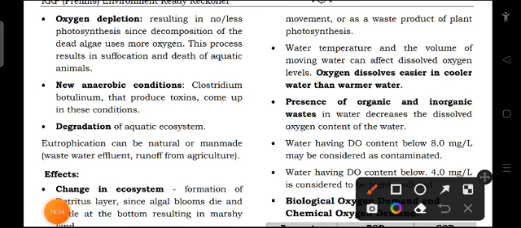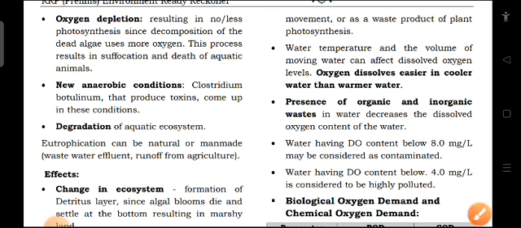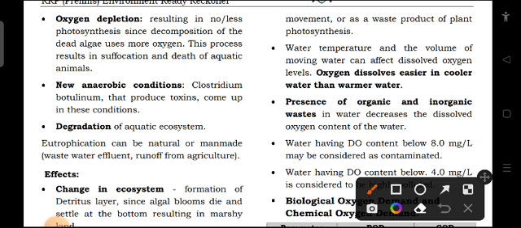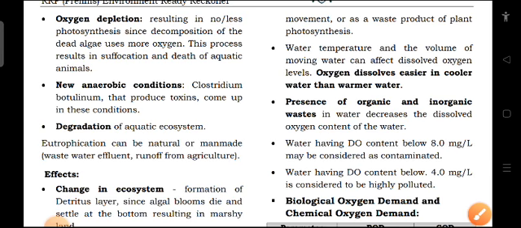It will also result in oxygen depletion, so less photosynthesis, since decomposition of the dead algae uses more oxygen, and the oxygen for other organisms will be reduced, right? So this oxygen depletion results in suffocation and death of aquatic animals.